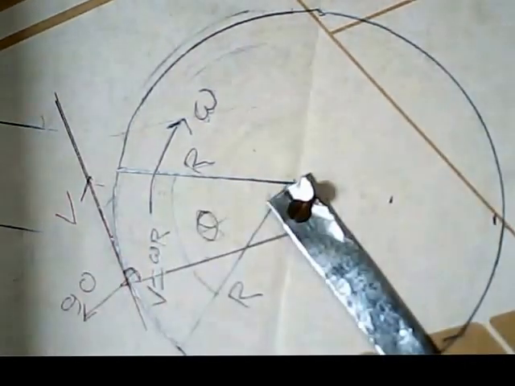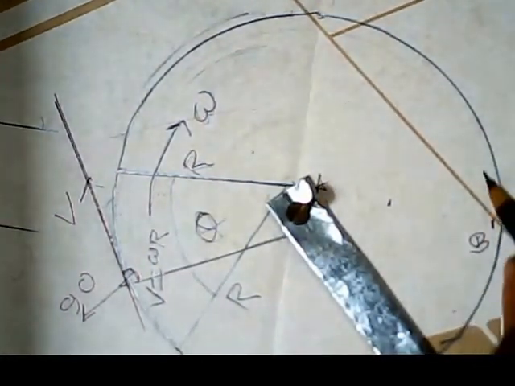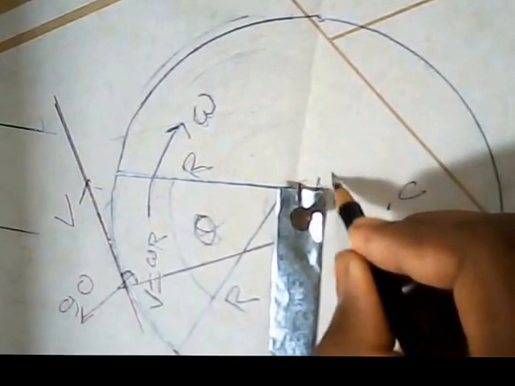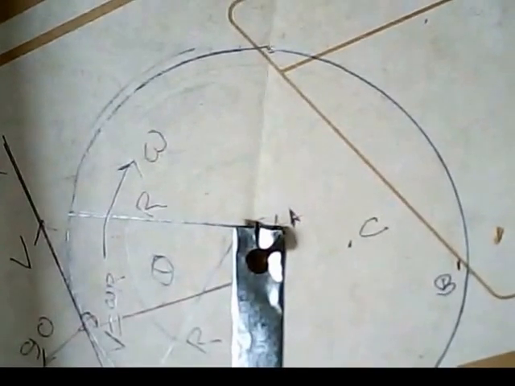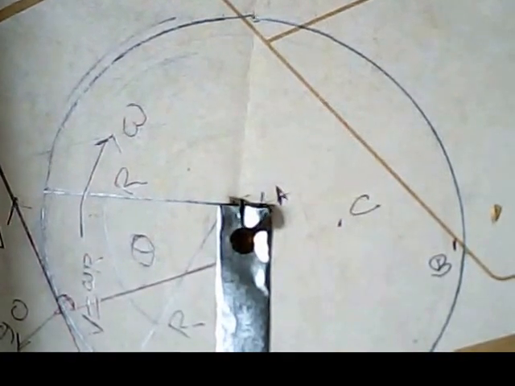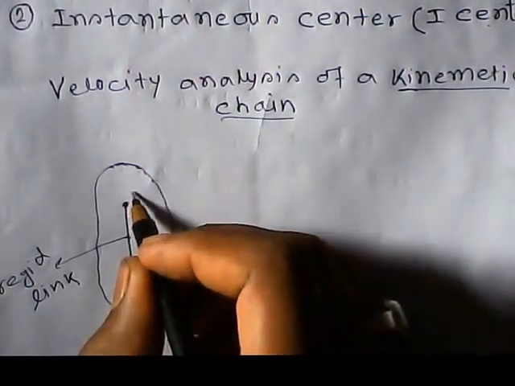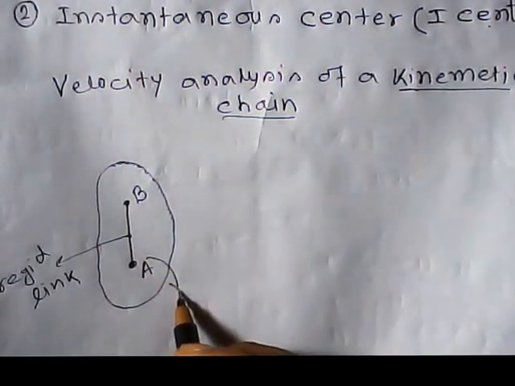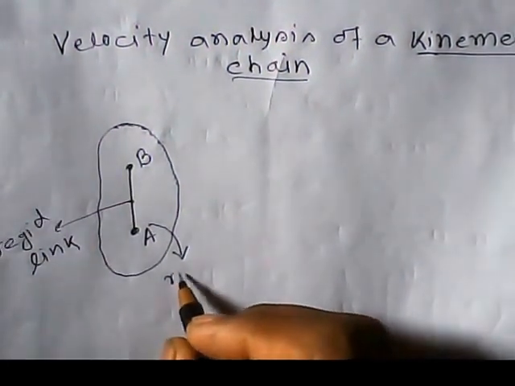Suppose this is the middle position of the link, we can determine the velocity at point B, at point C, and at point A, anywhere from A to B. Now here point A and point B, point A is the fixed point, and here the rotational pair exists.